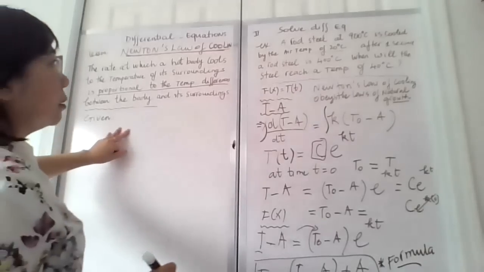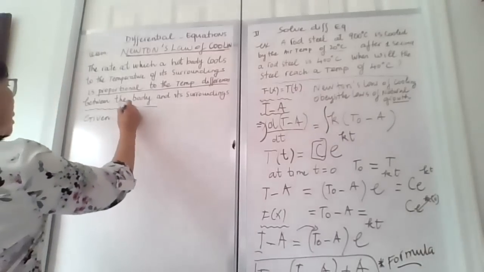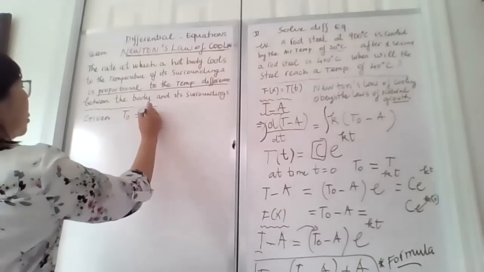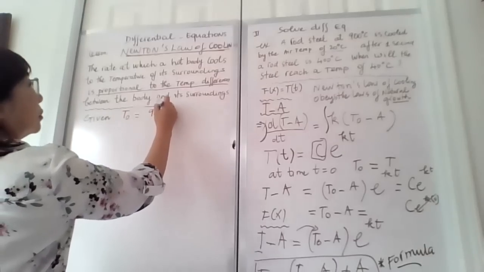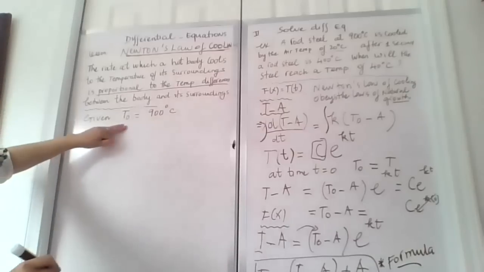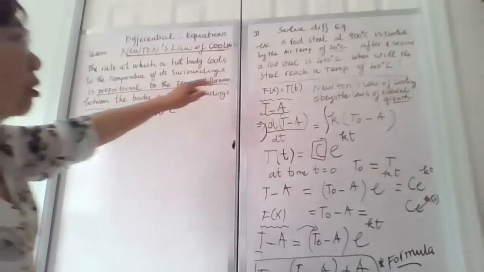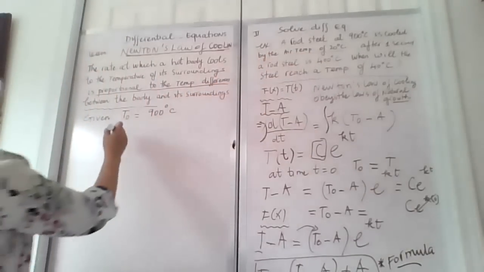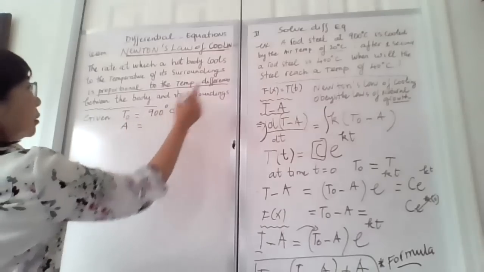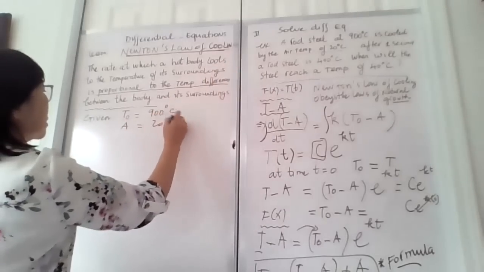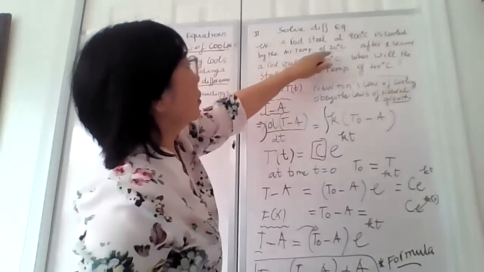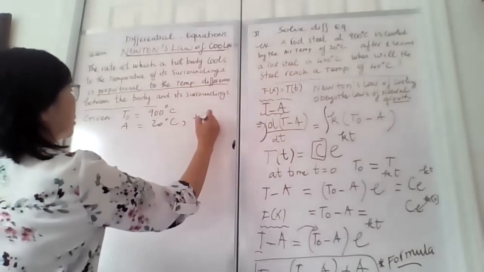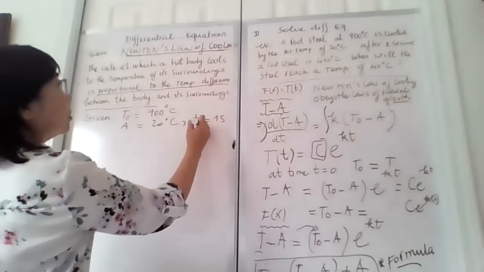So what it says here, given T0 equal 900 degrees Celsius. That's our original temperature of the rod of steel, very hot. The surrounding air temperature is A, equal to 20 degrees Celsius. The time is 1 second.